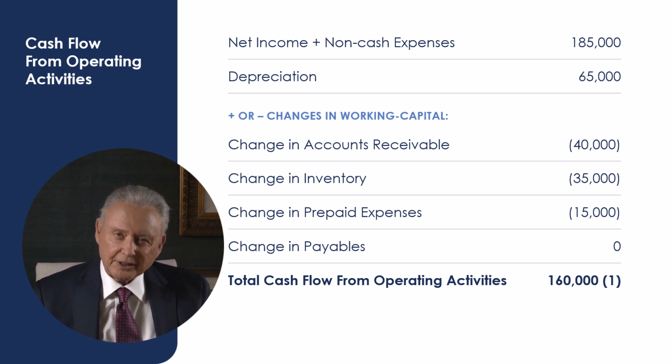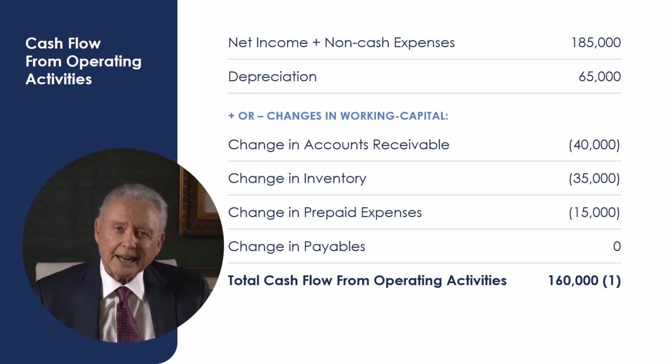Subtract $35,000 for inventory change. Subtract $15,000 for the increase in prepaid expenses. From the comparative balance sheet in the liabilities section, we see that accounts payable has not changed. The total net sources of cash from operating activities is $160,000.